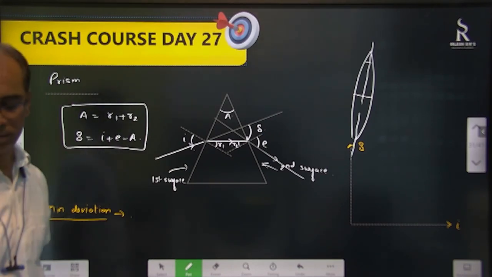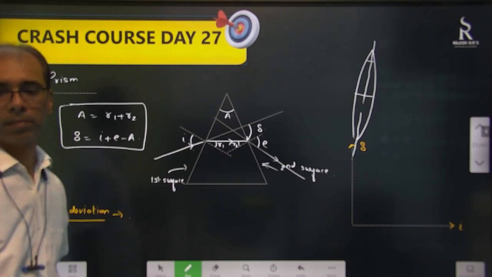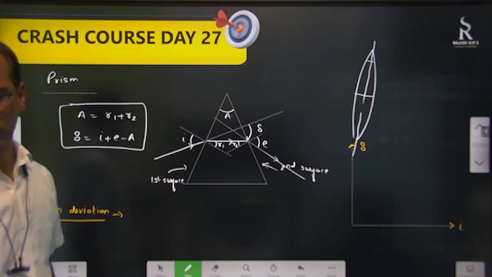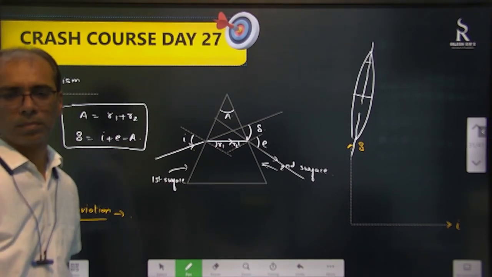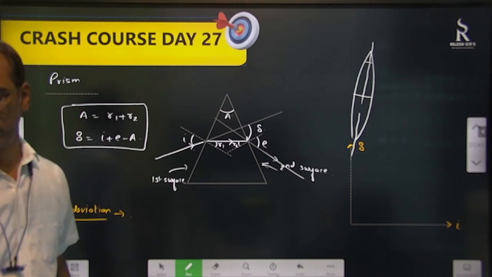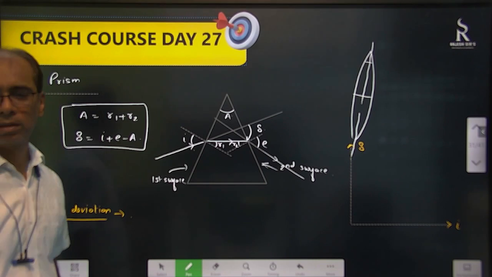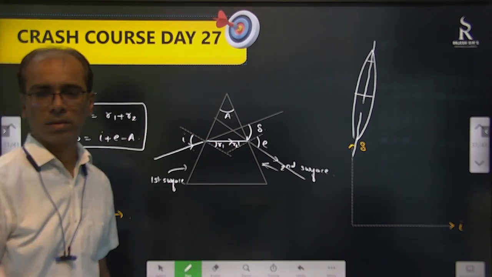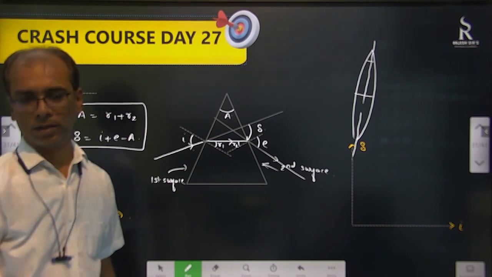Wait a second. Something is blur. Are you able to see it clearly? Screen? Slightly blur, right? Okay, wait a second.